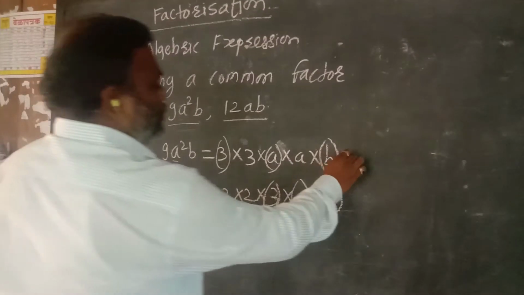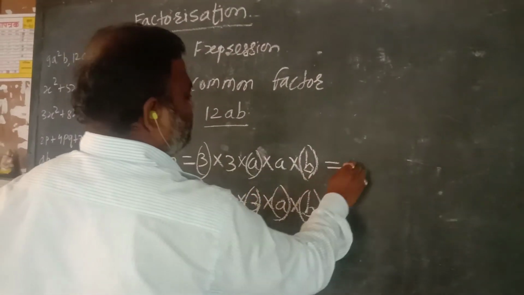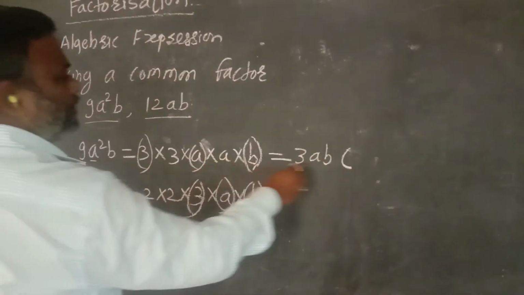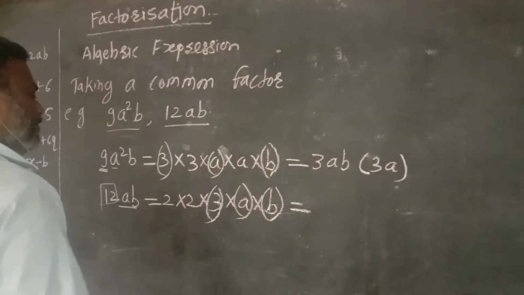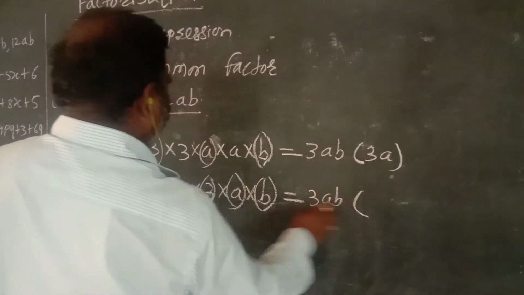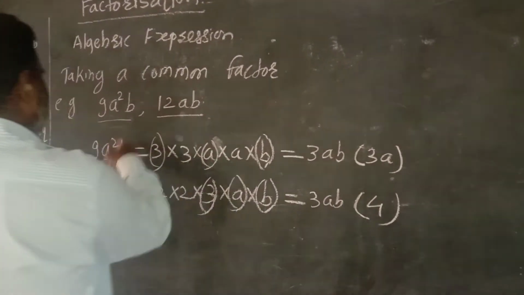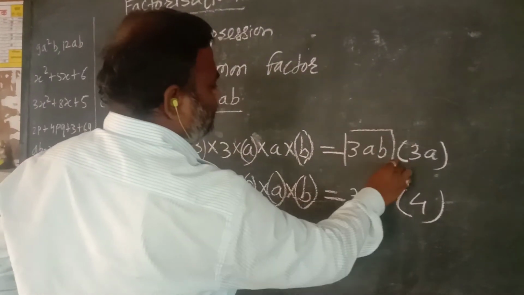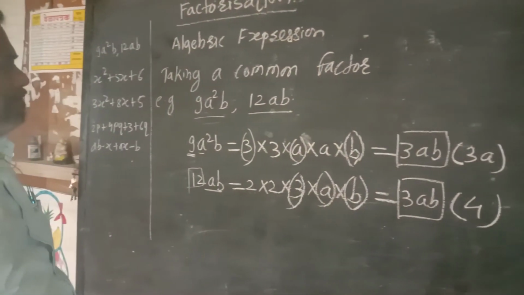Hence we simply write 9a square b as 3ab into, in bracket, 3a. For 12ab we simply write 3ab into, in bracket, 4. Hence in both the monomials the common factor is 3ab. 3ab is the common factor.